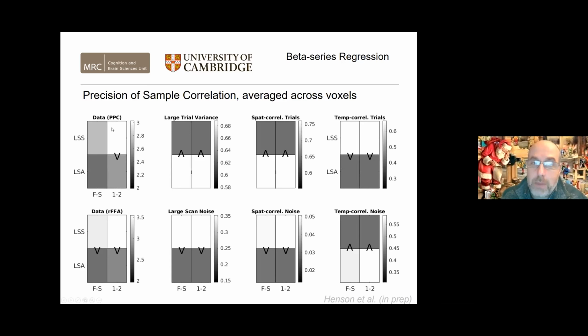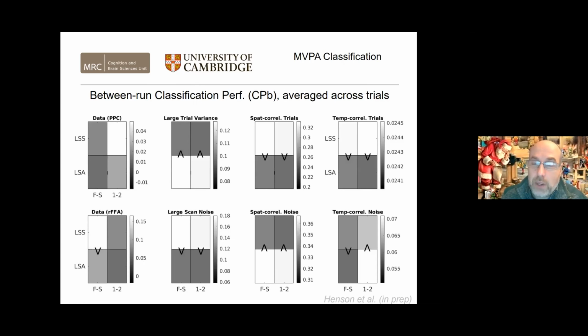In both these cases, for beta series regression, LSS was more precise, or had less variability in the estimate across runs, than did LSA. We don't know the true betas for data, but we can talk about the efficiency in terms of the variability across runs. If we look at MVPA classification, here there wasn't actually much of a difference between the two estimators, although for FFA, LSS was better when you have a randomized contrast.